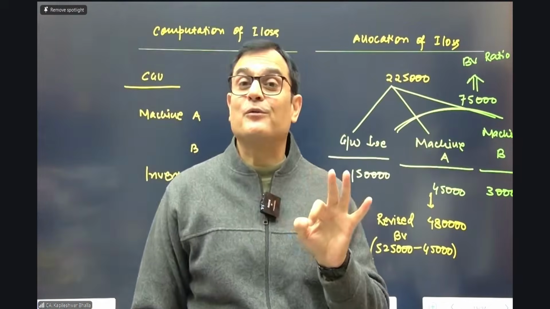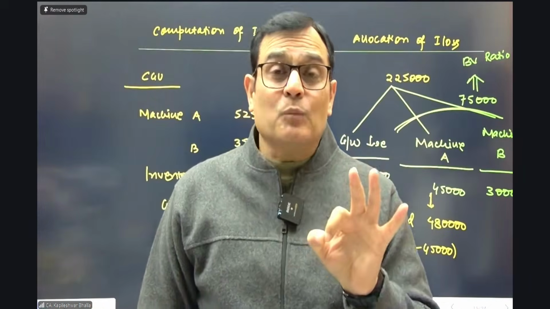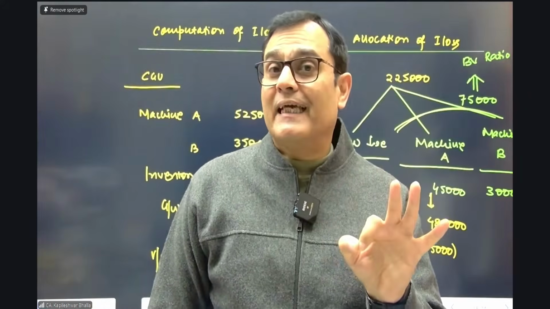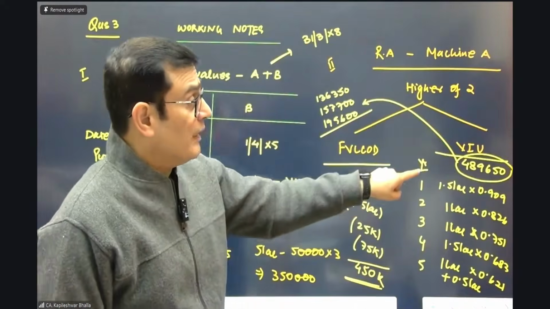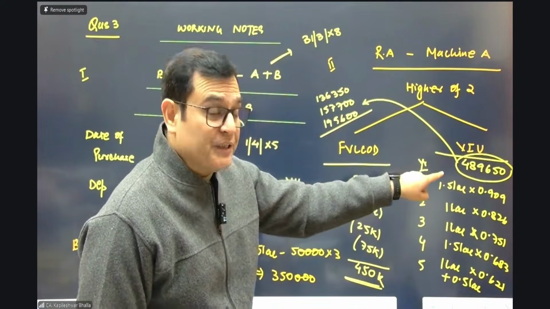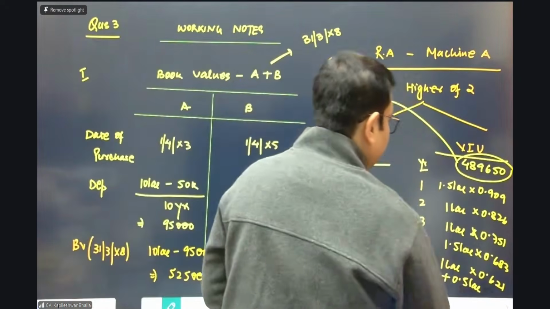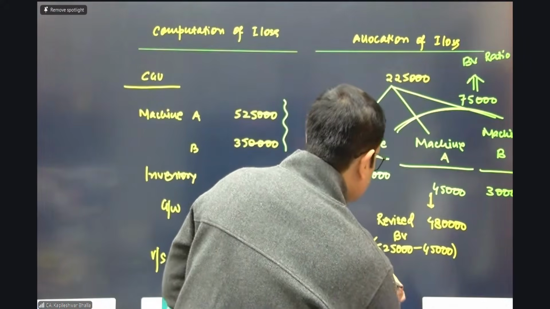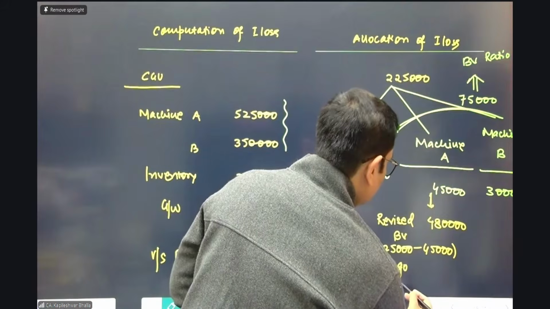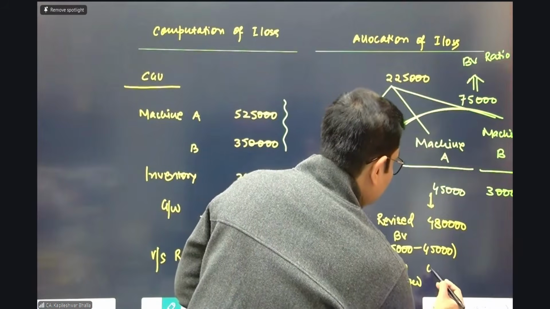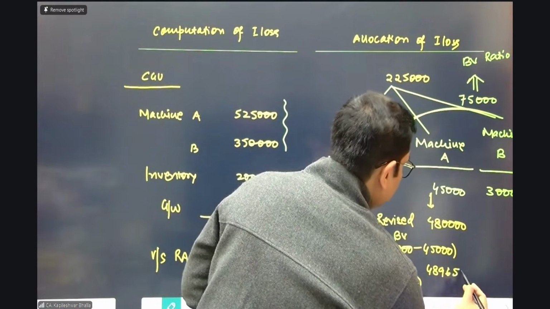I think now you have got the answer. Why did we do these calculations? For B, we did not have the data to do any calculations. But for A, since you made the calculations, the revised book value cannot go below this figure. So we have to keep A, it cannot go below 489,650 in any case.